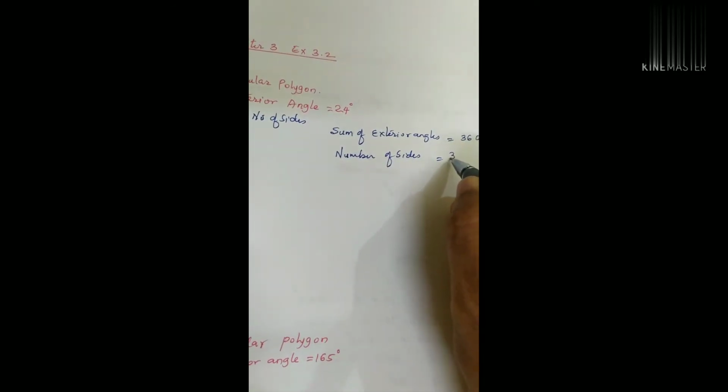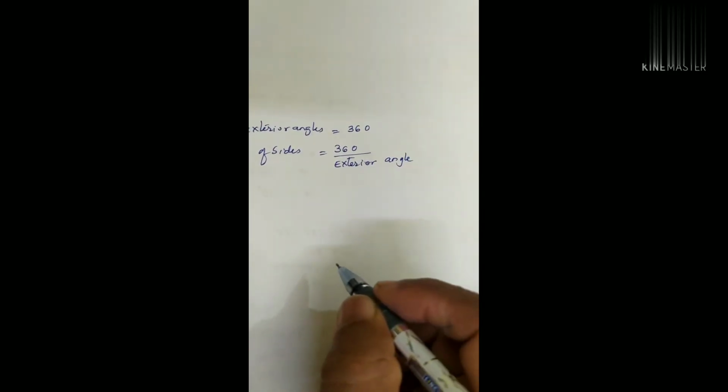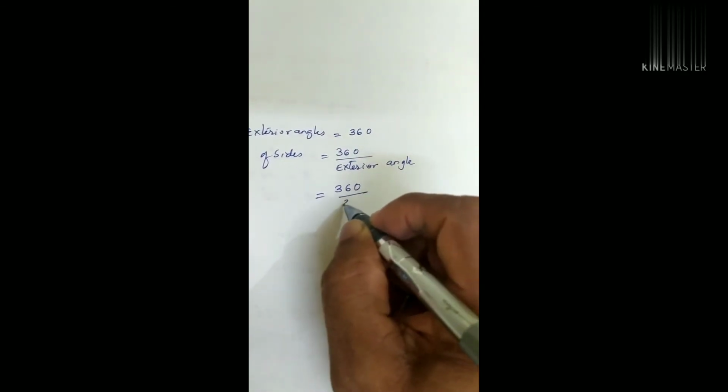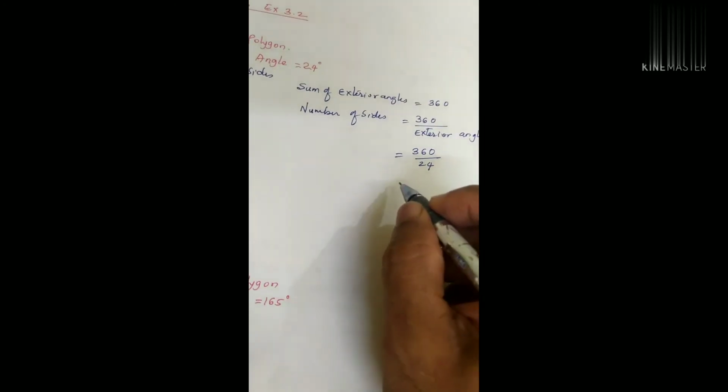number of sides is 360 upon exterior angle. Exterior angle for us is given as 24. So 360 upon 24. So we can divide and find out.